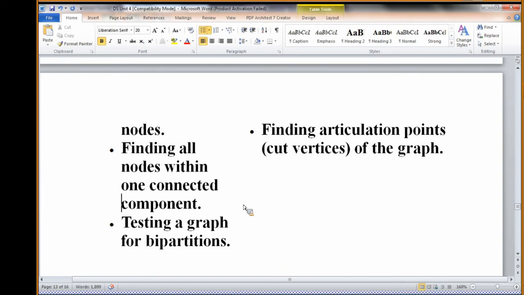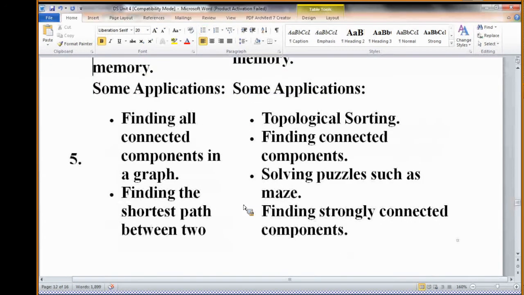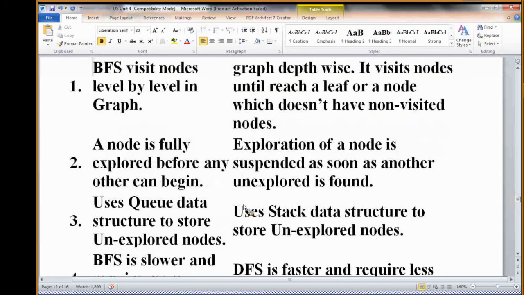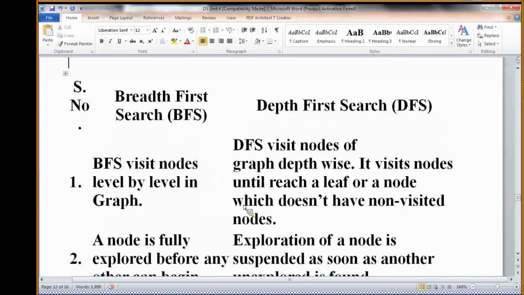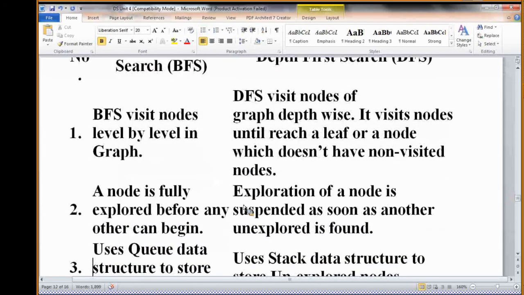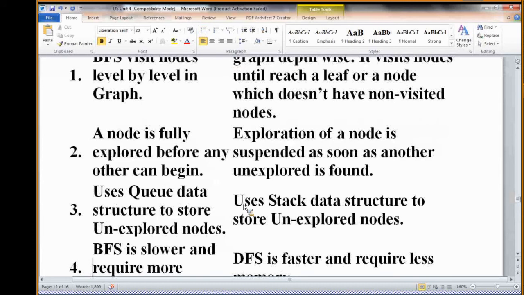So these all are the applications of BFS and DFS. All on the left side are BFS. So there are 4 comparisons between BFS and DFS, and the 5th one is completely the applications of BFS and DFS.